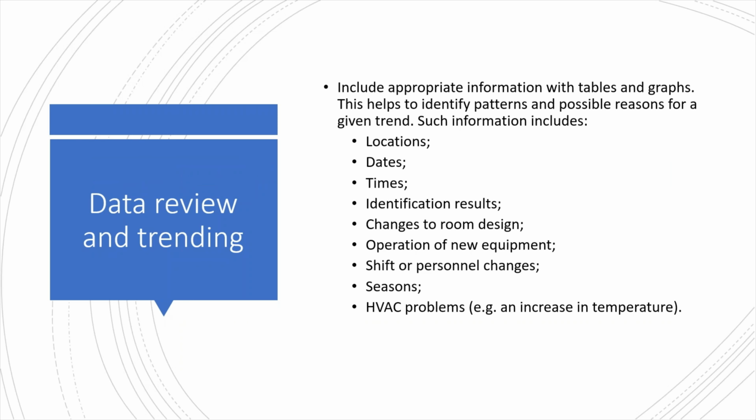The most important aspect with environmental monitoring is with trending of data. And here the use of graphs and tables is very helpful. Control charts can help to visualize the process.